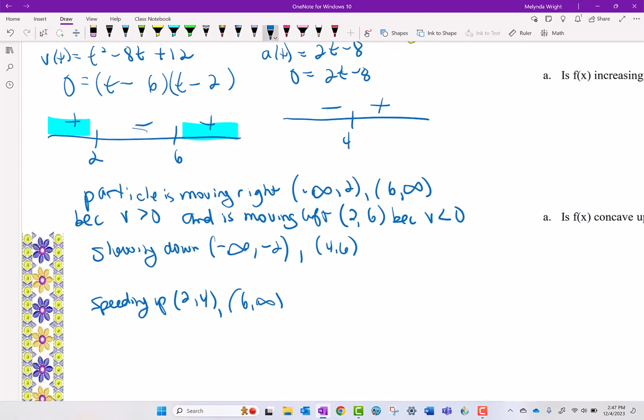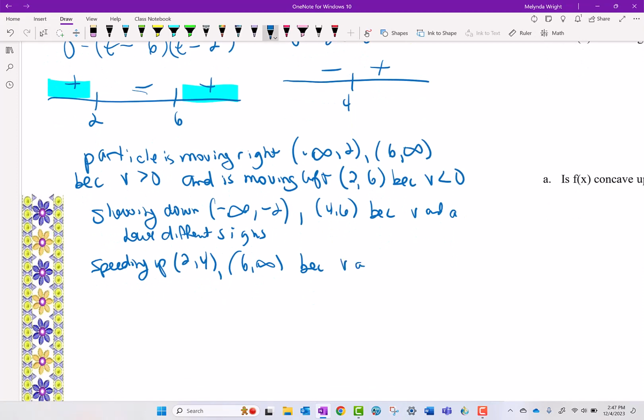And so let's say why. Slowing down because velocity and acceleration have different signs. And speeding up because velocity and acceleration have the same signs.